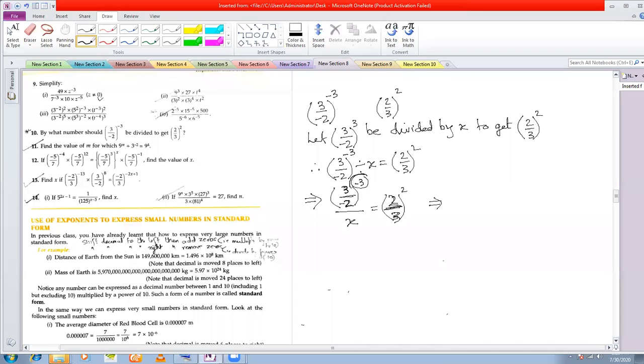Also you see a negative power here. That means if I change this negative power to a positive power, I'll get the reciprocal: (minus 2 by 3) cube divided by x must be equal to (2 by 3) square. Correct?